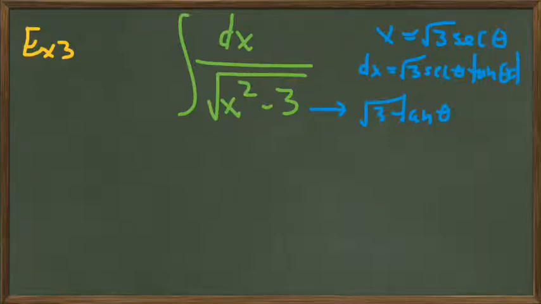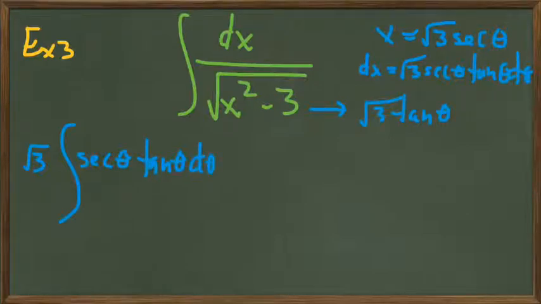So what does the integral turn into? Well, the numerator is square root of 3 secant theta tangent theta d theta, and the denominator is square root of 3 tangent theta, and so the tangent thetas cancel.